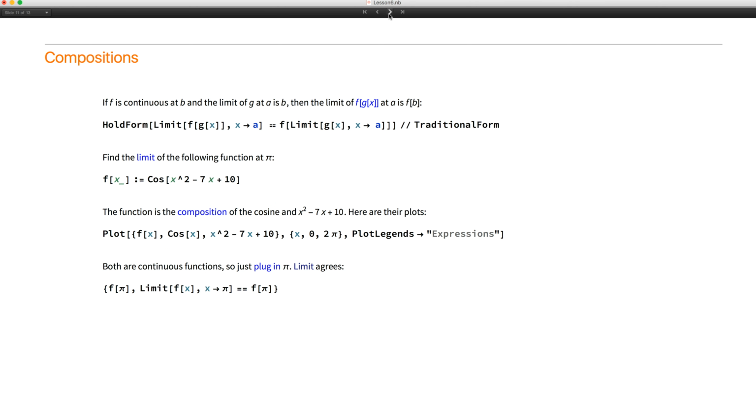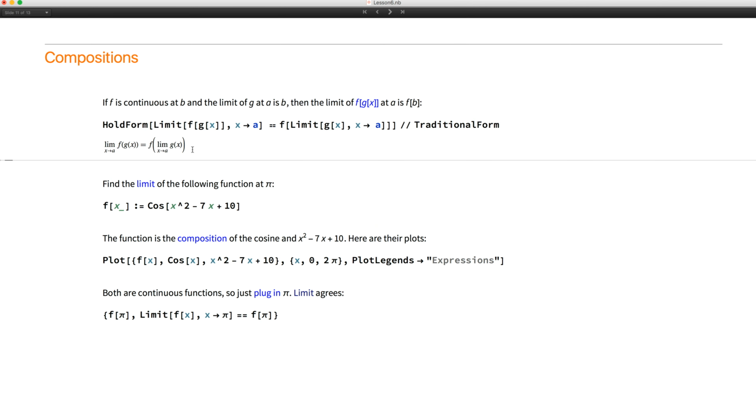Okay, so a slightly harder problem is what happens if a function is a composition, so it's f of g of x. Well, in that case, you simply let the limit go, so to speak, inside the bracket, and if you still get the same answers, then you're okay, and that's exactly what's happening over here in this case.